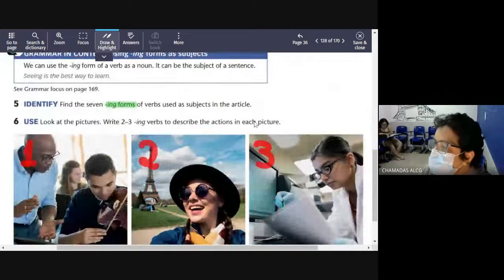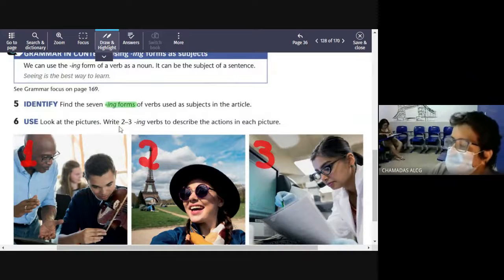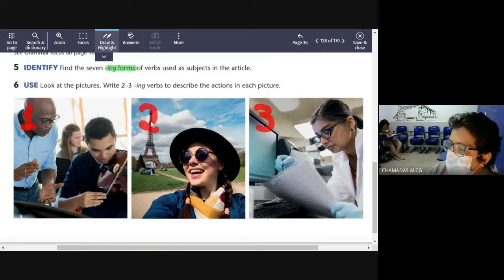Okay, guys, now look at the pictures. Write 2 to 3 ing verbs to describe the actions in each picture. Here, guys, if we are describing the actions, we should use present continuous to describe the action.